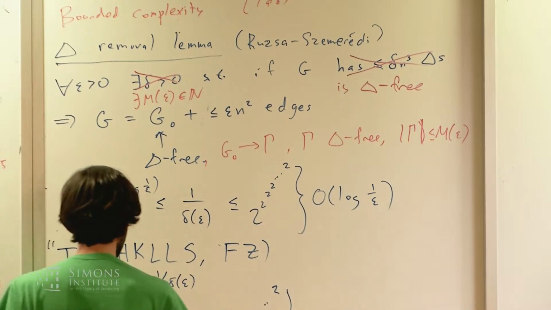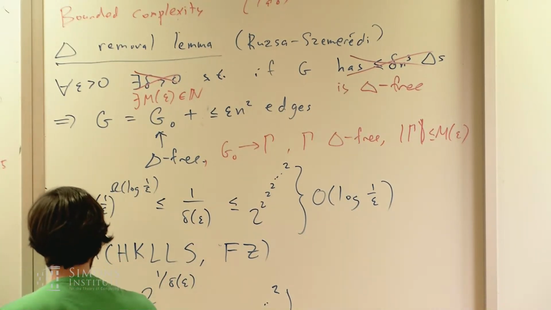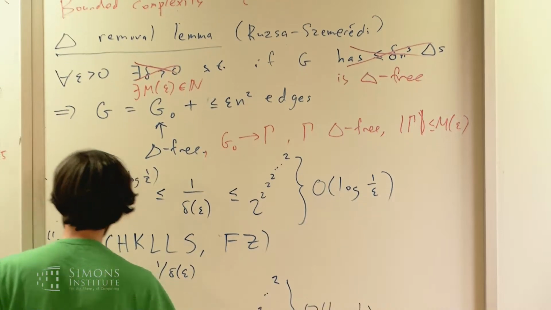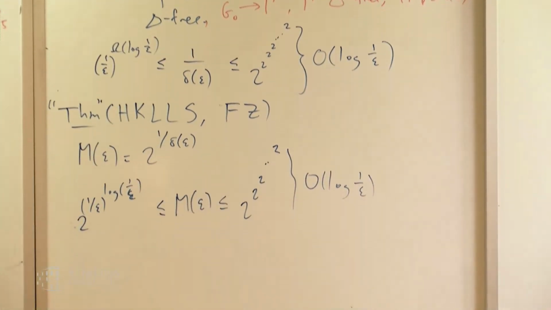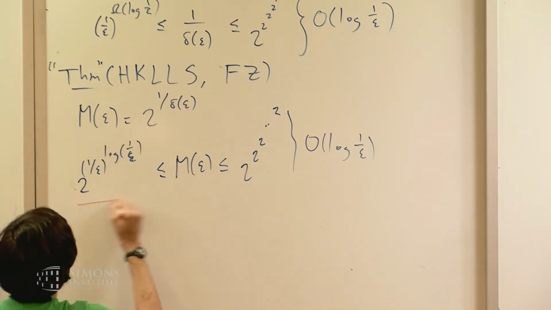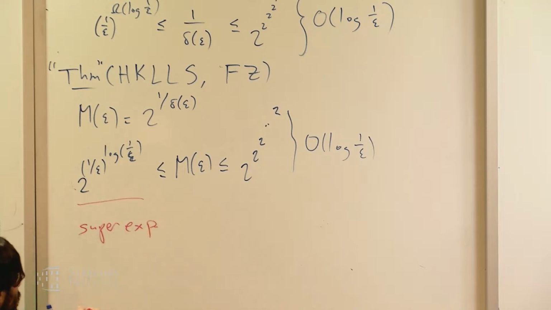And the lower bound now is super exponential. So it's 2 to the 1 over epsilon to the log 1 over epsilon, basically. And again, this quantity is super exponential. So this grows faster than any exponential in a polynomial in 1 over epsilon.